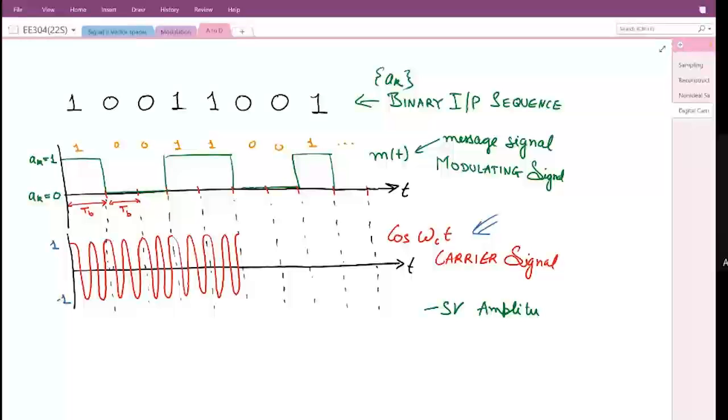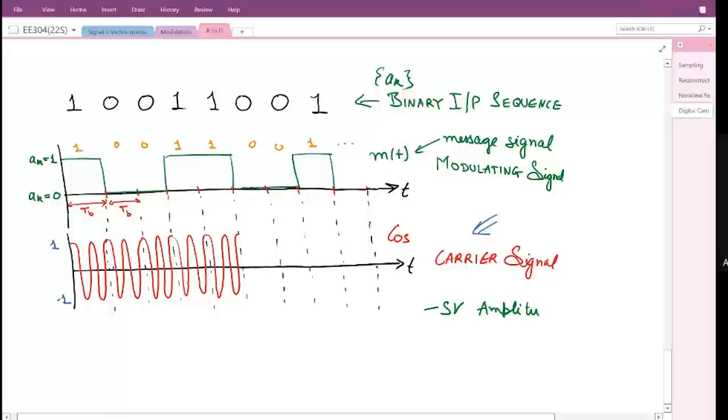So we are going to map AK from 0 and plus 1 to AK prime, which will be again plus 1 and minus 1. So yes, can anyone help me out? What should we do? First of all, if there are two signals, that means the input binary sequence can take two levels, that is 1 or 0, then for frequency shift keying, denoting each of the levels, there has to be a separate frequency. Yes or no?